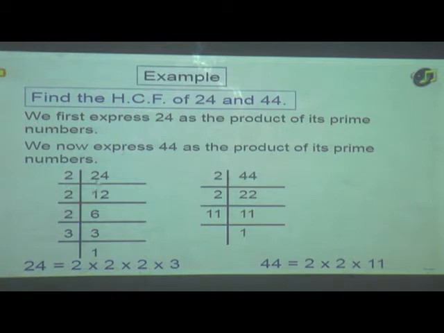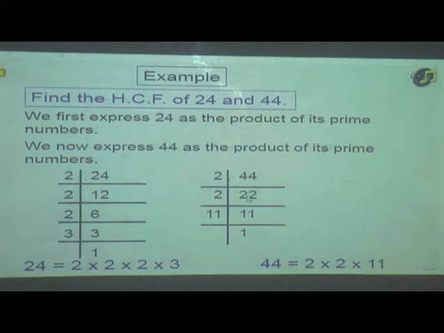2 ones are 2, 2 twos are 4. Now we have 12, 2 sixes are 12. Then 2 threes are 6, 3 ones are 3. See students, here we have all prime numbers, those are the prime factors of 24. Now we will take the other number, 44. 2 twos are 4.